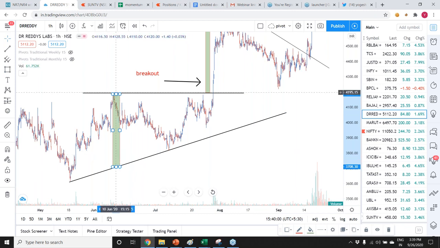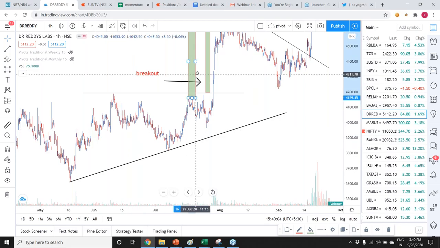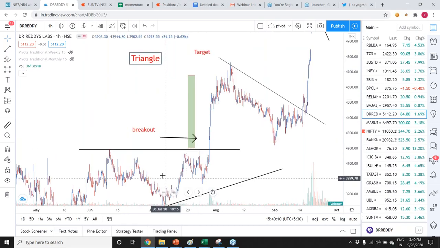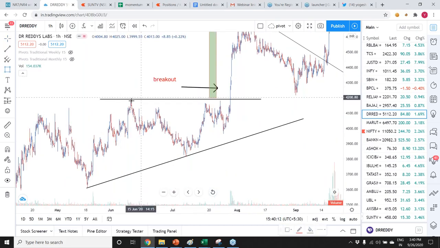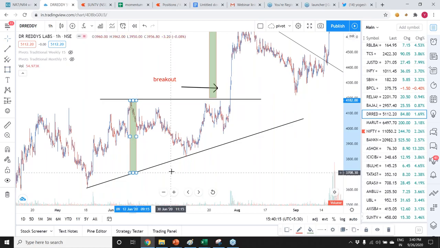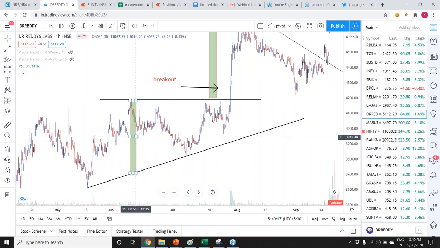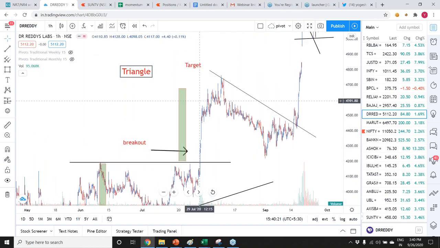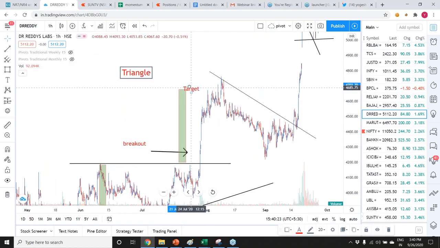So I'll measure the height of the triangle, and now I'll move this to the upper side. From the breakout level, if I add this height of the triangle, that will be our target level. And you can see within a few candles it achieves the target. So these are real breakouts.